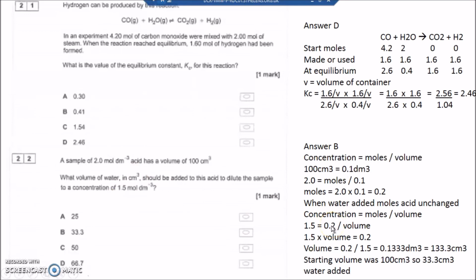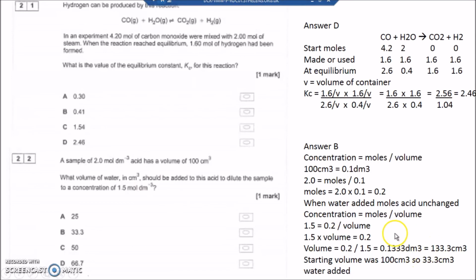I've only added some water, divided by the volume of the flask, the volume of the liquid rather. So 1.5 equals 0.2 divided by the volume of the liquid. So I could say volume equals 0.2 divided by 1.5, 0.1333 recurring decimeter cubed. It's in decimeter cubed because the units of concentration are decimeter cubed.